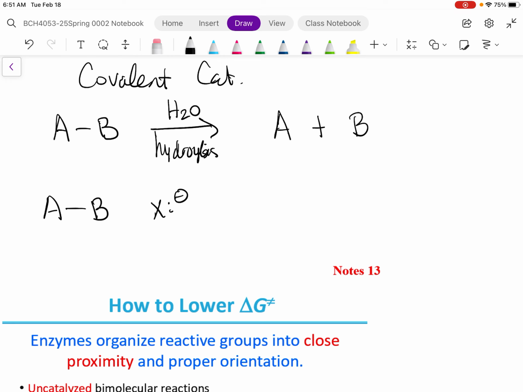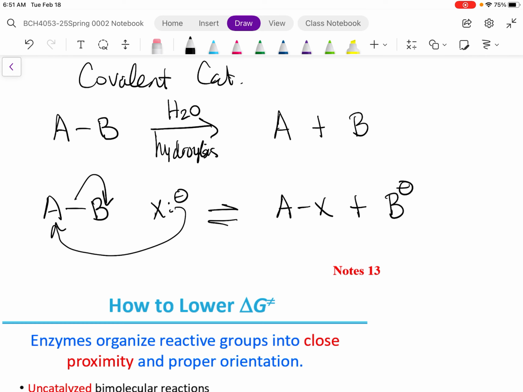And so if we act as a nucleophile, what can happen is this guy can come in and do this. AX plus B, like that. So that would have to be negative, like that. But then there's going to be a proton transfer that I'm not showing, or a transfer of electrons. Let's not worry too much about that.